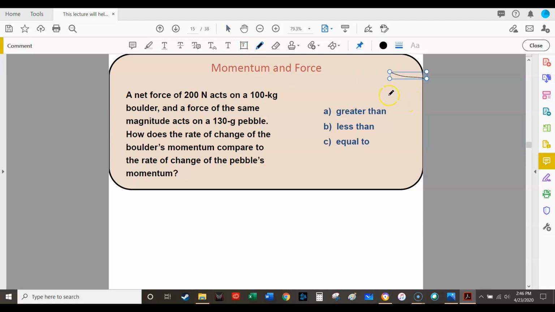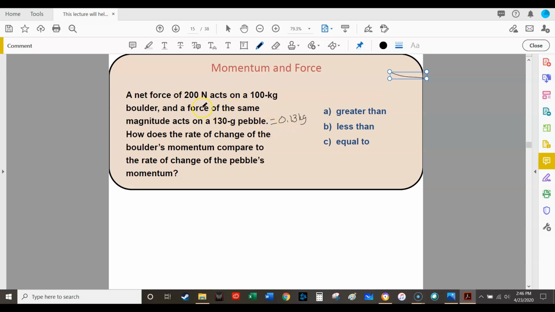Okay. All right. So we have a force of 200 newtons that acts on a 100 kilogram boulder, and we have a force of the same magnitude that is acting on the 130 gram boulder. What is that? That is 0.13 kilograms. So the boulder is about 220 pounds, and this pebble is just a small little guy.